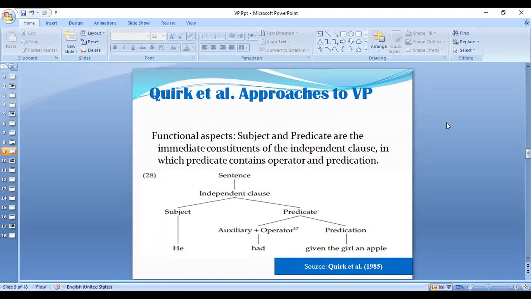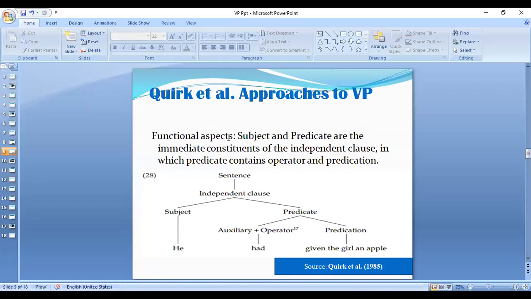Okay. According to these two approaches, there are some problems in defining the verb phrase. So Quirk and other linguists propounded other approaches to verb phrase from the functional aspect.